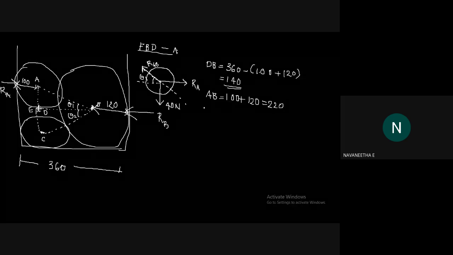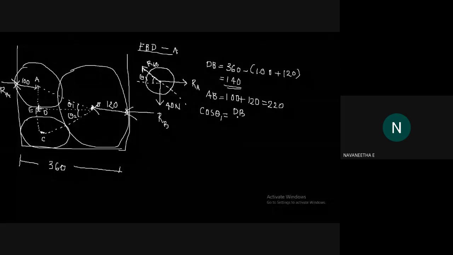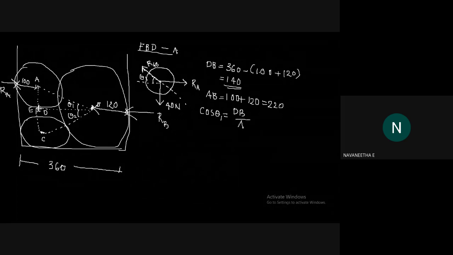Then you need to find out cos theta 1. What is cos theta 1 here? Adjacent side by hypotenuse. So here adjacent side is DB, DB by AB. So that is equal to 140 by 220.